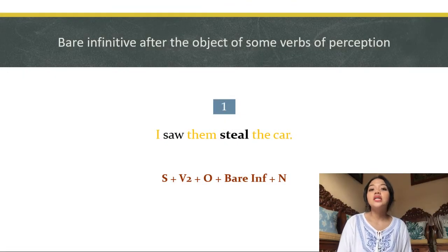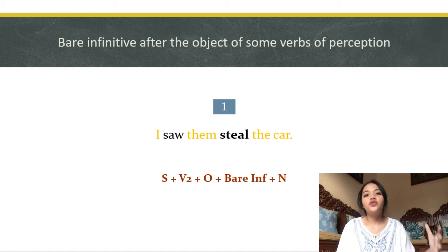Okay, this example is I saw them steal the car. I saw them steal the car. So the bare infinitive here is steal. Steal is modifying or giving information about the object. The object here in the sentence is them.